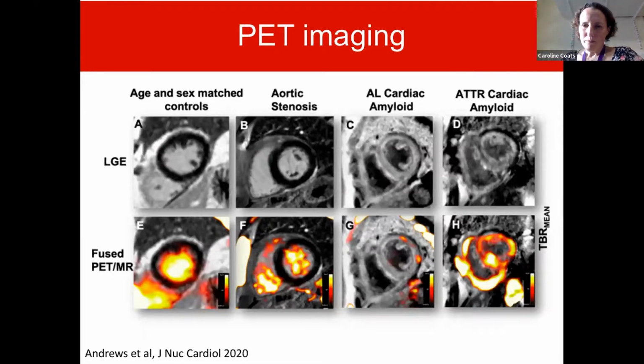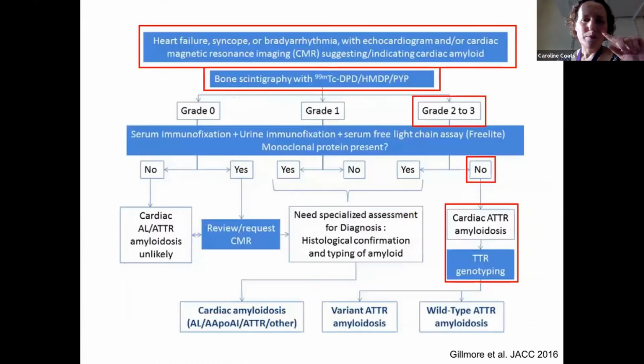There's some interesting work being done in Edinburgh using PET imaging, which again is looking at trying to understand the heart muscle in more detail. So now we've got a very clear pathway and way to diagnose cardiac amyloidosis that avoids the need for a heart biopsy.